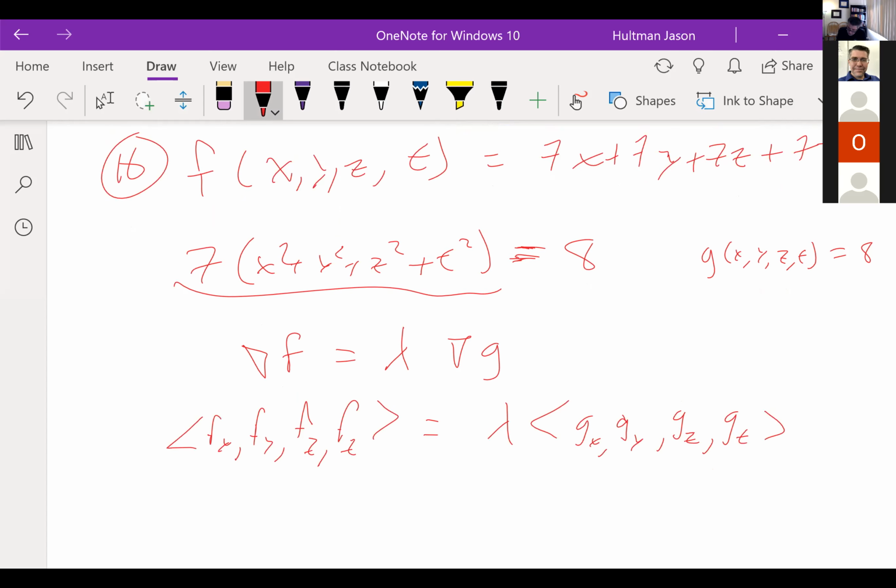What's f sub x? That's just going to be 7, so these are all 7s. What's g sub x? That's going to be 7 times 2x, which is just 14x.